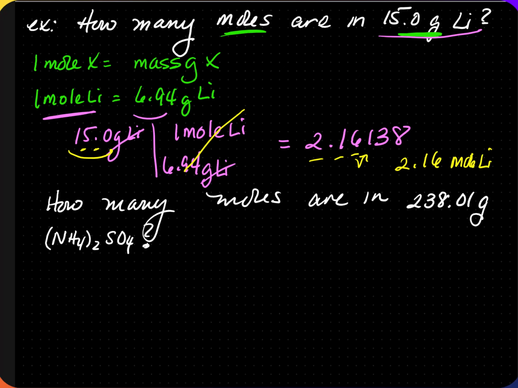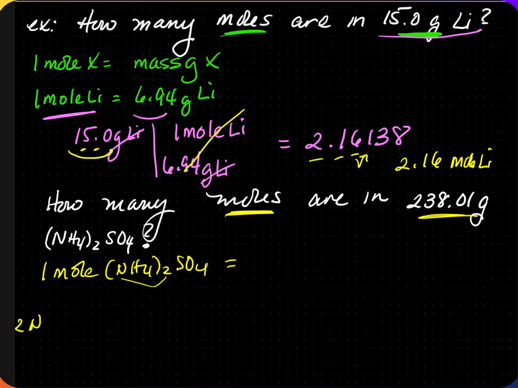In the second one, how many moles? Again, we're looking for moles in 238.0 grams of ammonium sulfate. So the first thing I'm going to do is calculate the molar mass. So 1 mole of ammonium sulfate is going to equal, it has 2 nitrogens because it's 2 times 1. It has 8 hydrogens because it's 4 times 2. It's 1 sulfur and 4 oxygens.